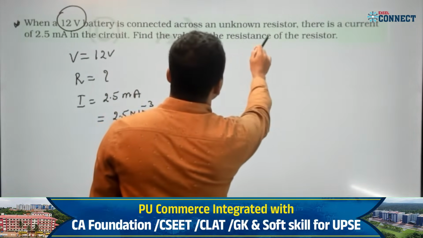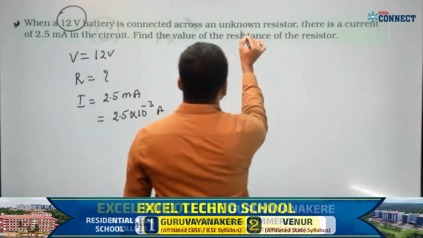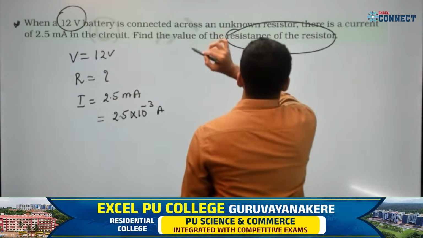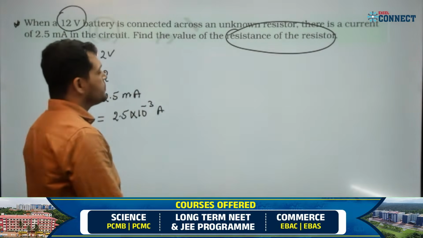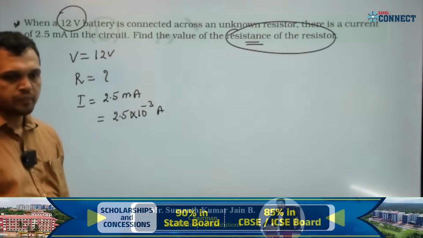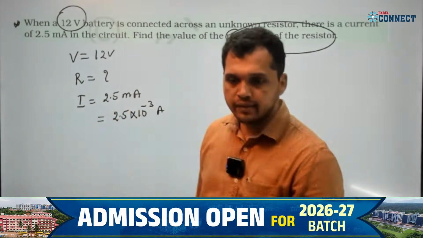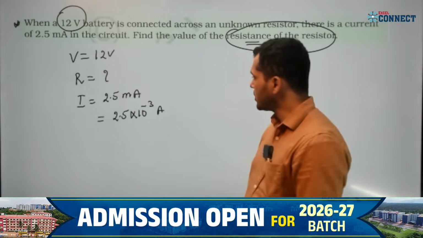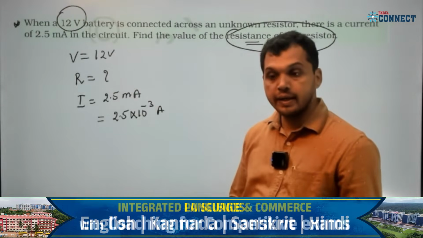Now what we have to find? Find the value of the resistance of the resistor. That is the unknown resistance value R we have to find. It is a very simple exercise question. We have to find R by using Ohm's law, directly from Ohm's law.